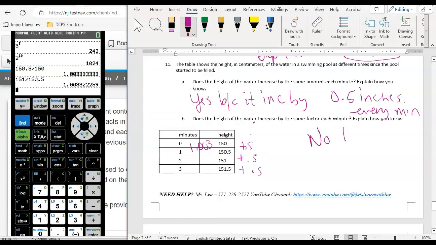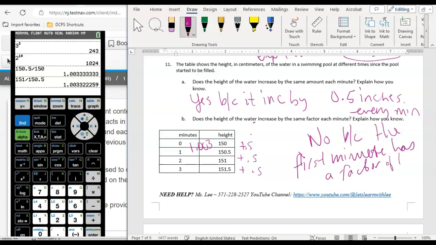So no, because the first minute has a factor of 1.003, 33 extended, right? And then the next period of time is 1.003, right? So the factor is different.